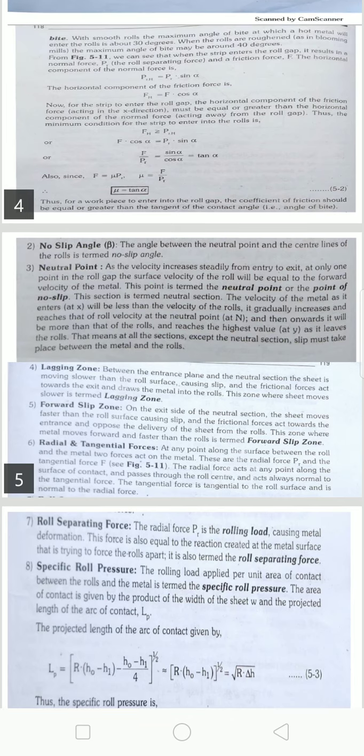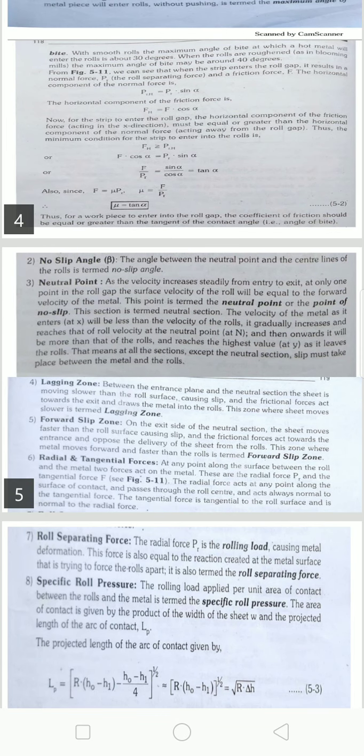Then coming to the radial and tangential force: at any point along the surface between the roll and the metal, two forces act on the metal. These are the radial force P and the tangential force F. The radial force acts at any point along the surface of contact, passes through the roll center, and acts always normal to the tangential force.